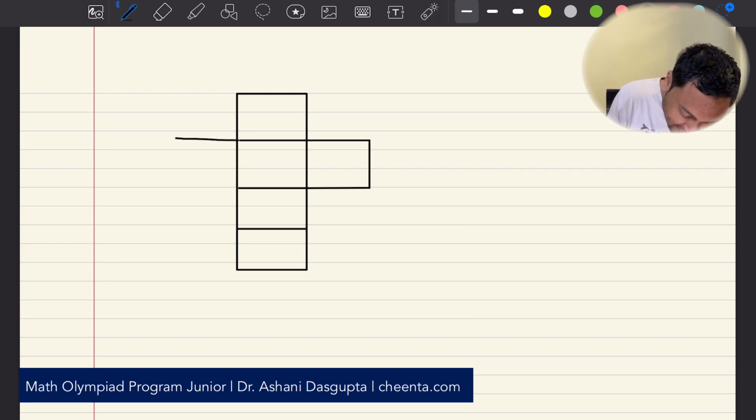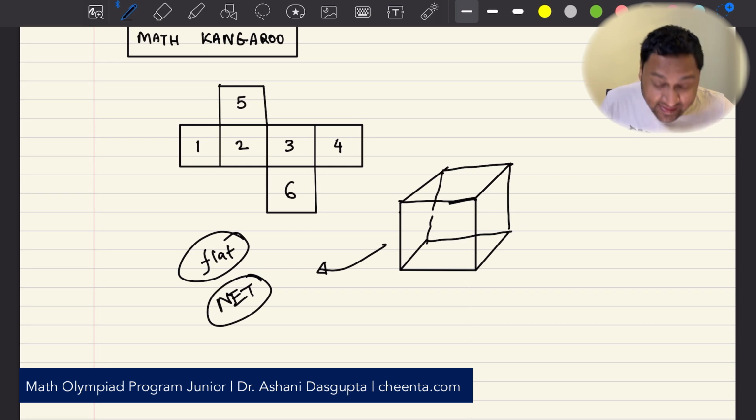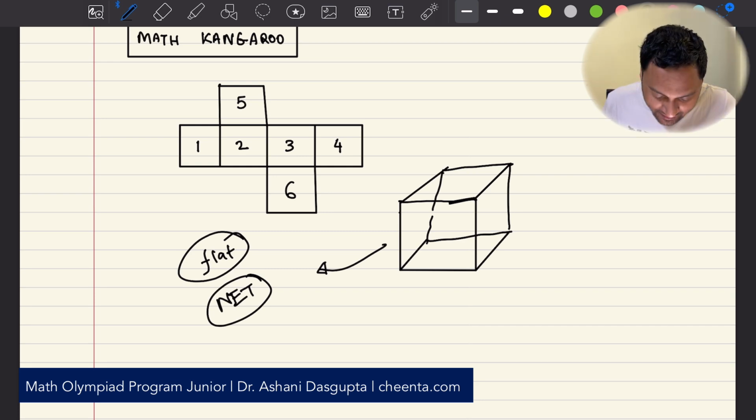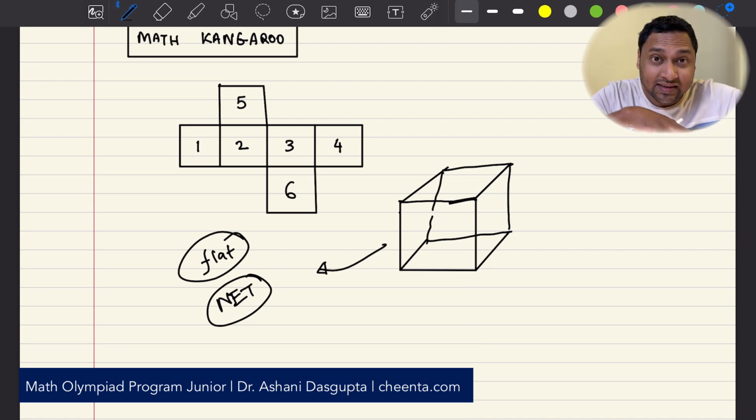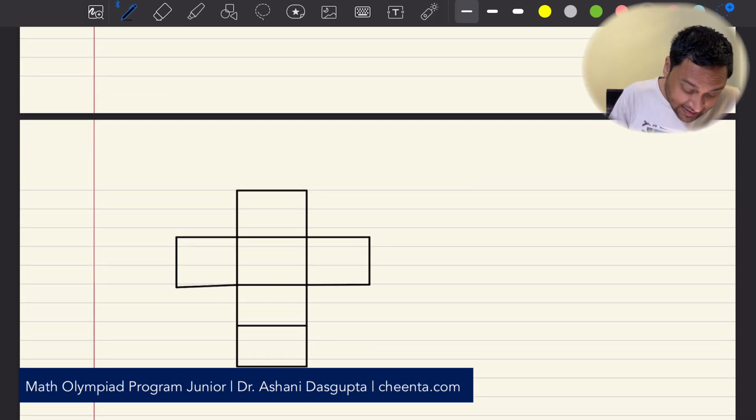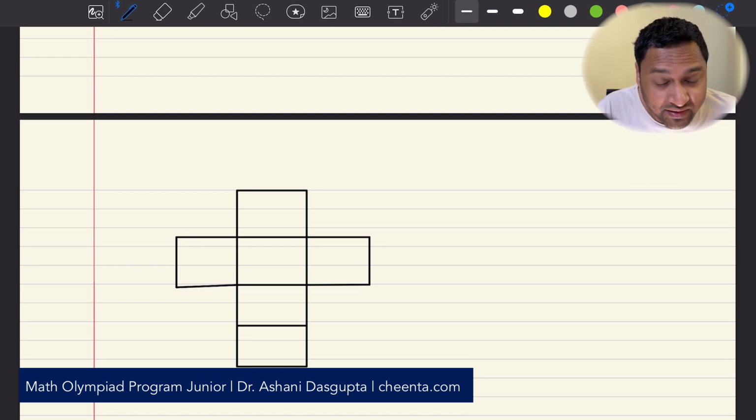If you notice, the cube has, of course, 6 faces: the top, the bottom, and the 4 walls, right? So if you open it up, there will be 6 squares in the flattened out cube. So whatever figure you get, you are actually going to get 6 squares in that figure.